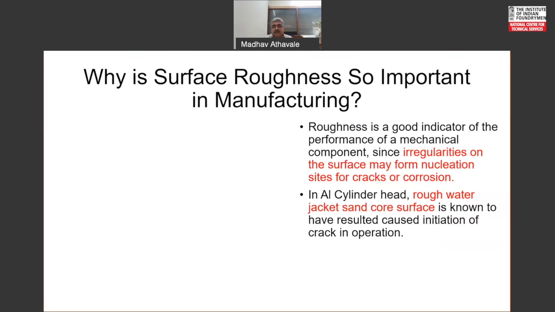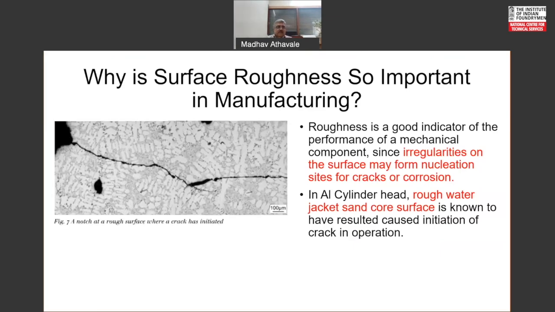In aluminum cylinder heads, a rough water jacket sand core surface is known to have caused initiation of cracks in operation. And here is a micrograph of such a picture. On the left hand side here is the sharp corner on the surface because of roughness, from which this crack has originated, as you can see.